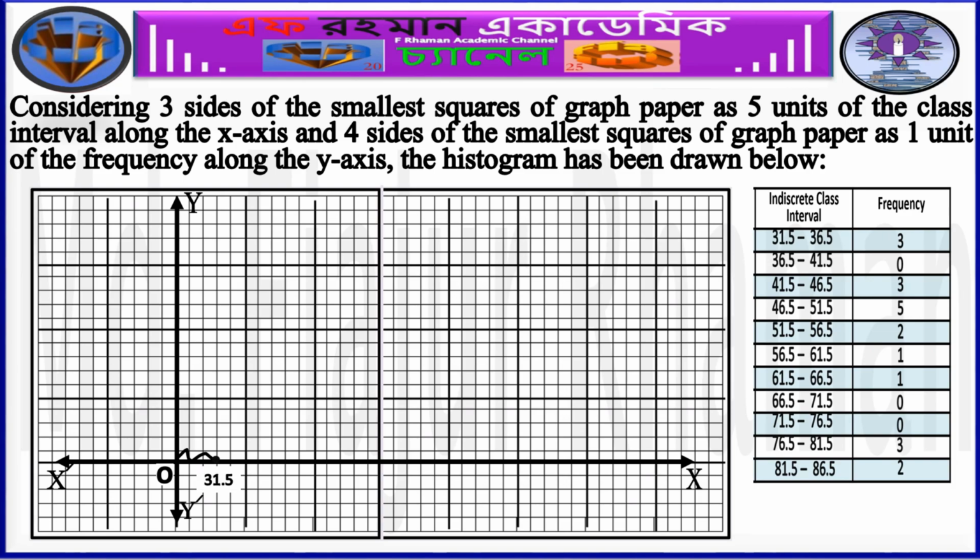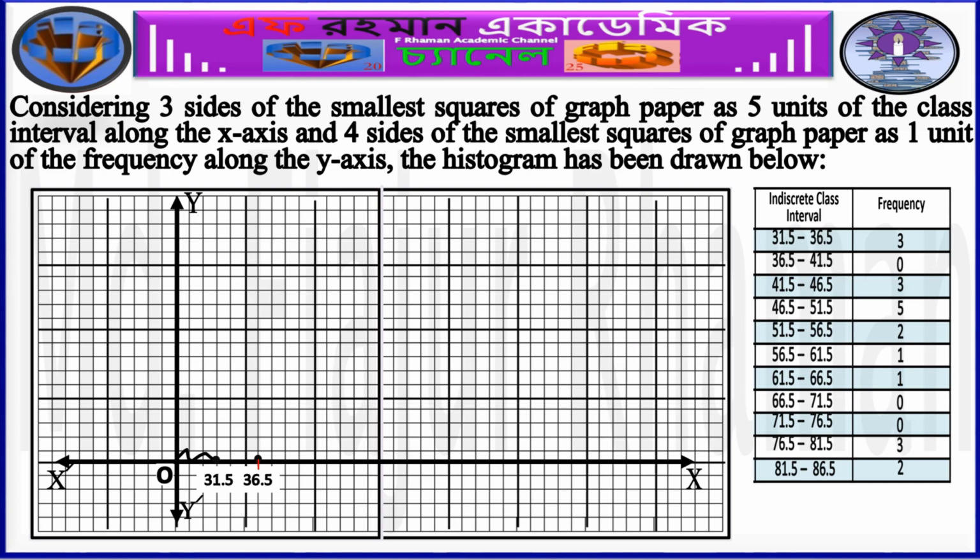Since the class interval 31.5 to 36.5 is of length 5 and 5 units of the class interval is equal to 3 sides of the smallest square, 1, 2, 3, this point will be represented by 36.5.